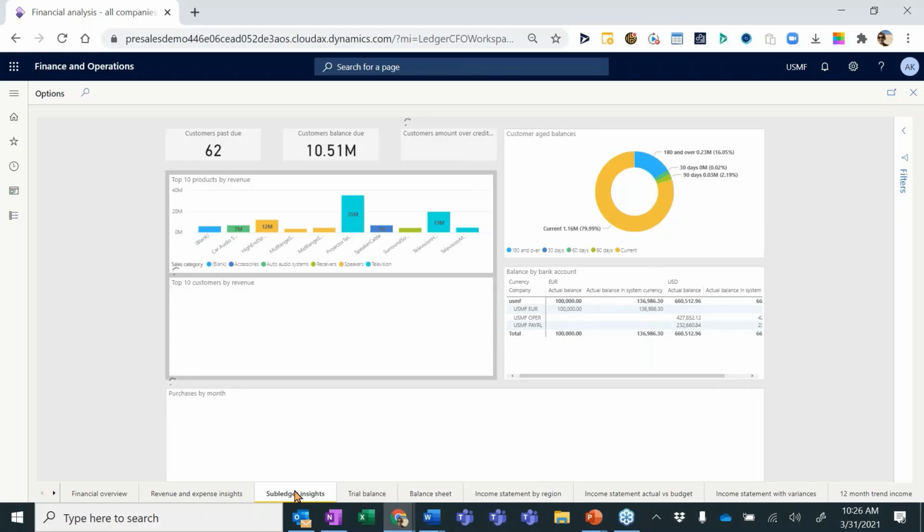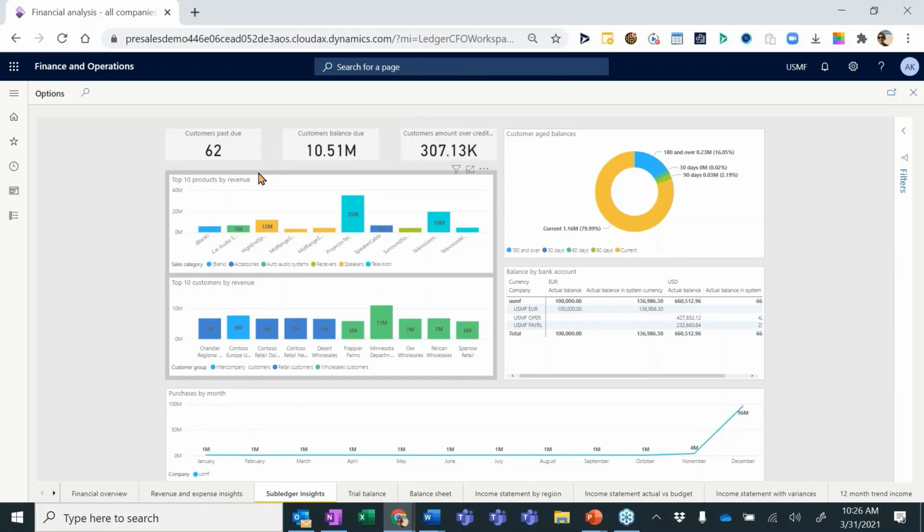I have some sub-ledger insights, top 10 products by revenue, again, running off of the item group. So it's picking up those item groups, and this is what it's projecting out for me, and then cross-comparing that to the sales categories. Who are my top 10 customers?